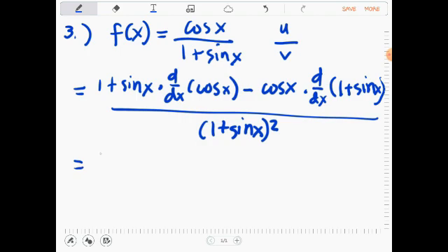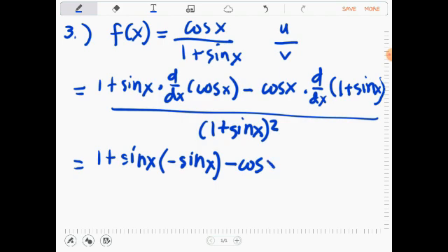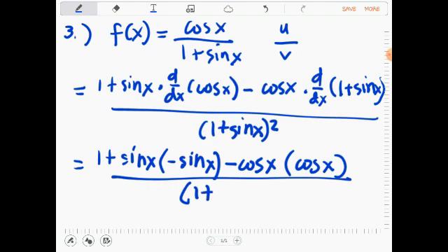Okay, so this should be equals to 1 plus sine x times negative sine of x, minus cosine of x times cosine of x, all over quantity 1 plus sine x squared. Okay?